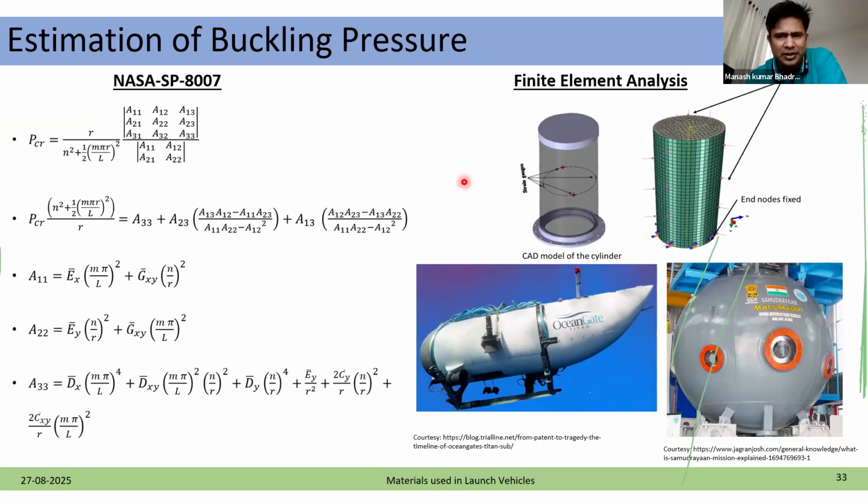And in order to estimate the failure load, in order to evaluate, as I was telling, that evaluation is the most time-consuming step. There are two methods. One is analytical methods, as given in a standard document, NASA SP 8007. There are few more equations which are calculated based on the ABD matrix of a laminate, which gives the critical buckling pressure for a cylinder subjected to external pressure.